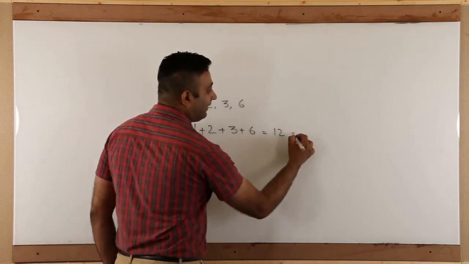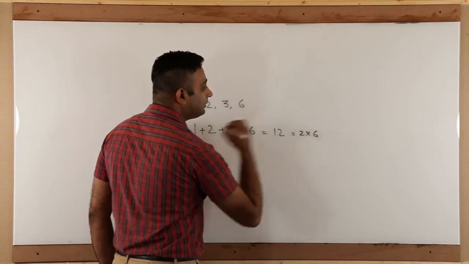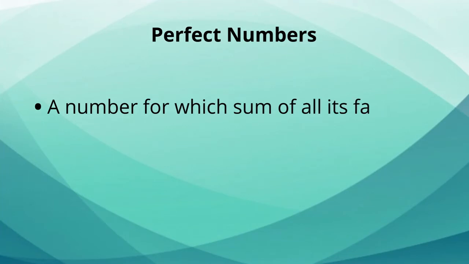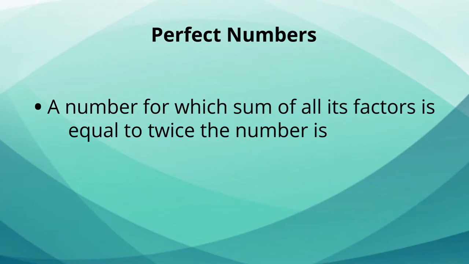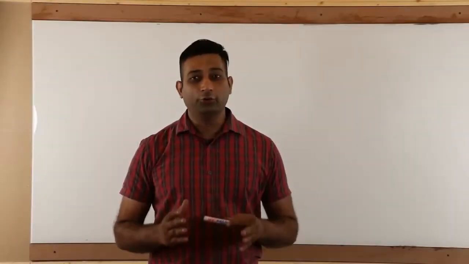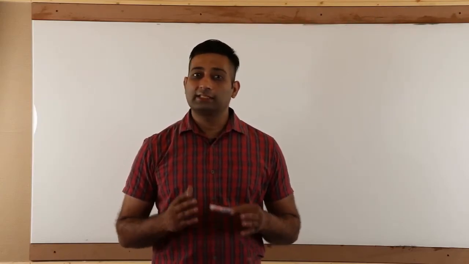That means 12 is equal to 2 into 6. Hence, we can say that a number for which the sum of all its factors is equal to twice the number is called a perfect number. Hence, 6 is a perfect number. I hope that you can also find some other perfect numbers.